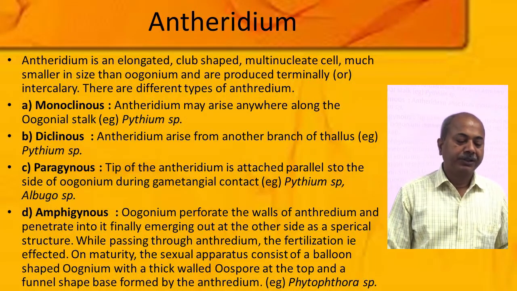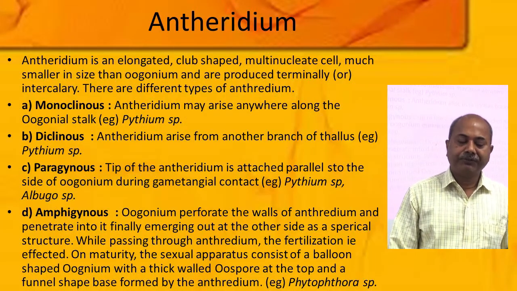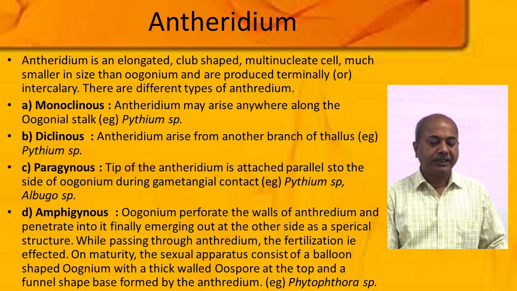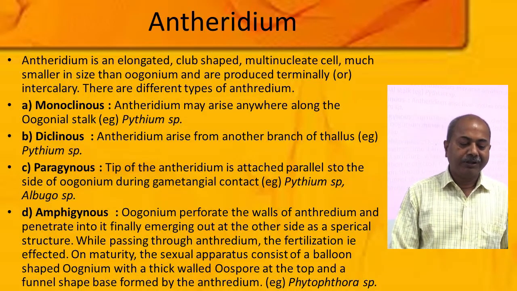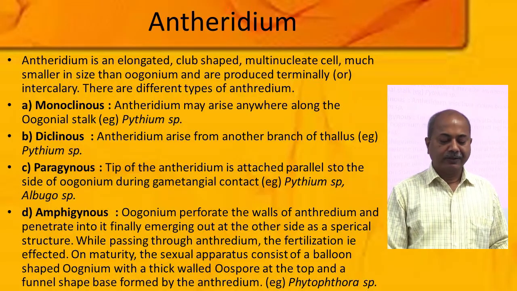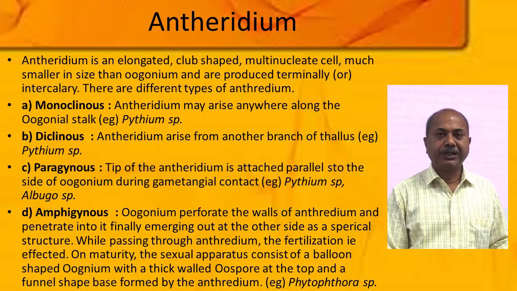Amphigynous is when the oogonium perforates the wall of the antheridium, penetrates into it, and finally emerges out at the other side as a special structure while passing through the antheridium, and fertilization is effected. On maturity the sexual apparatus consists of a balloon-shaped oogonium with a thick-walled oospore at the top of a funnel-shaped base formed by the antheridium. Example is Phytophthora, so the amphigynous condition occurs in Phytophthora species.